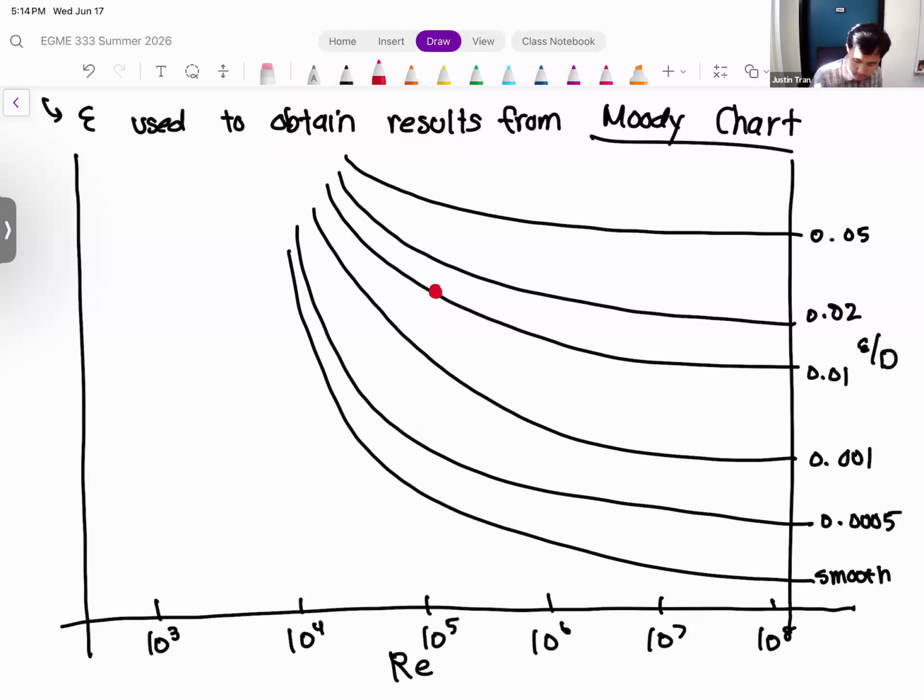So what does that tell us? If we follow this point all the way to the y-axis, on the y-axis of the Moody chart is something called the friction factor, f.